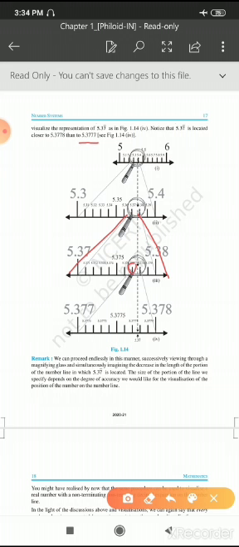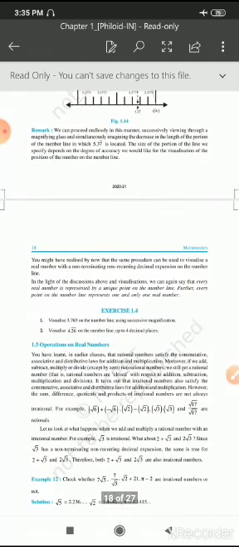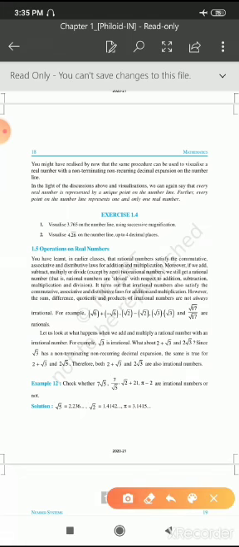It lies between 5.377 and 5.378. Consider that place and divide it into 10 equal parts. Then you will get 5.37777. Like that you can represent a real number on the number line by using the successive magnification method. This exercise 1.4 is about that successive magnification method only.